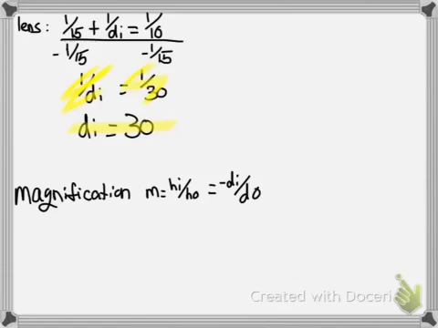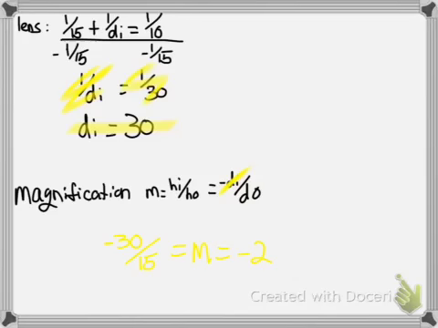I didn't have dI to begin with, so now I can place it. Negative 30 divided by dO, which is 15, and your magnification is equal to negative 2.